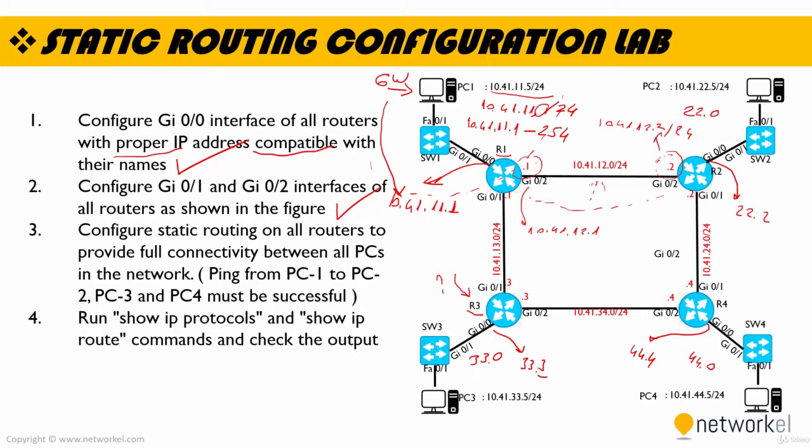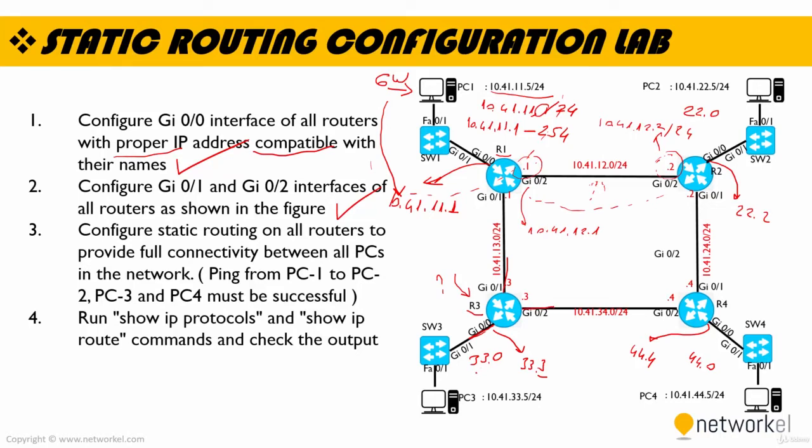As you'll remember from our first sections, what I told you is routers already know the networks which they are directly connected to. For example, router 3 is directly connected to here, here, and here.